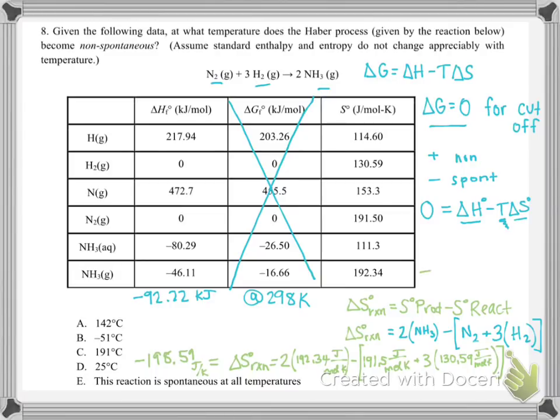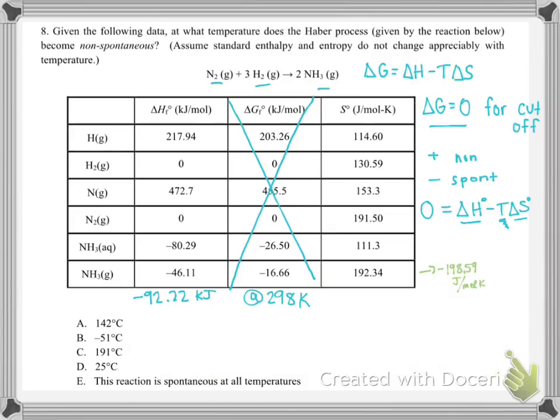Okay, so I'll mark that here. Okay, so now it's time to combine these two and solve for our temperature. Okay, so we know we want to set delta G equal to 0.